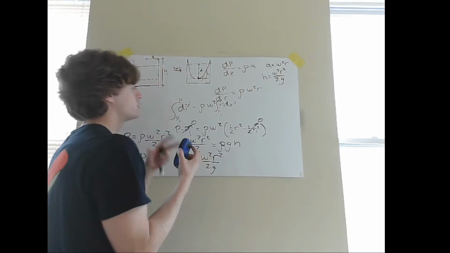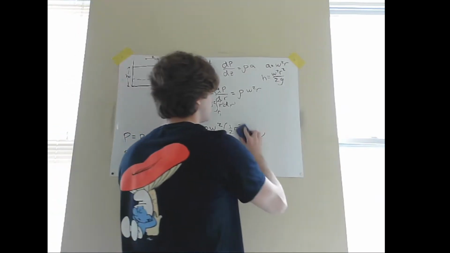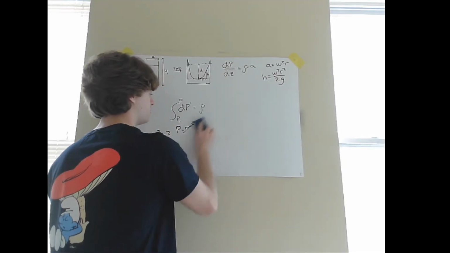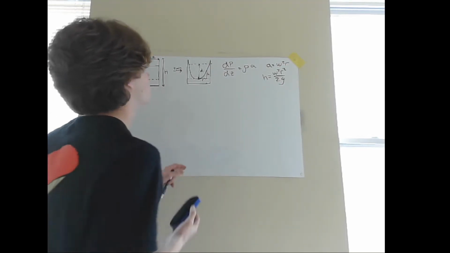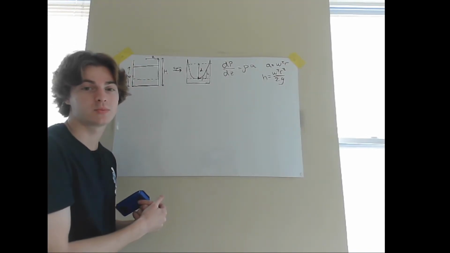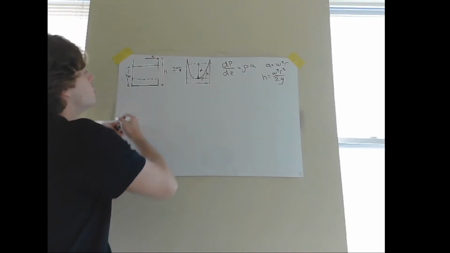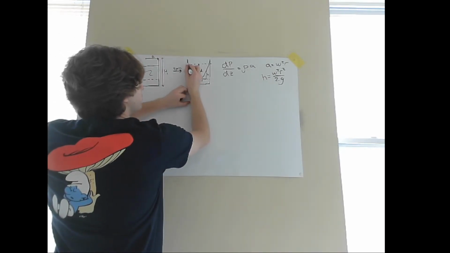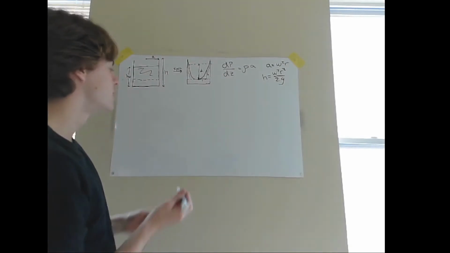So now we used pressure to get an expression for H. Now we're going to use volume to get the expression for D. We're using volume because it's going to remain constant, since none of the water is spilling outside of the cup. So the volume in this area of the cup is going to equal the volume in this area of the cup that's been squished up against the sides.